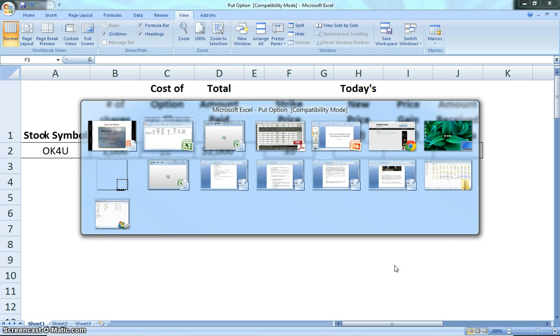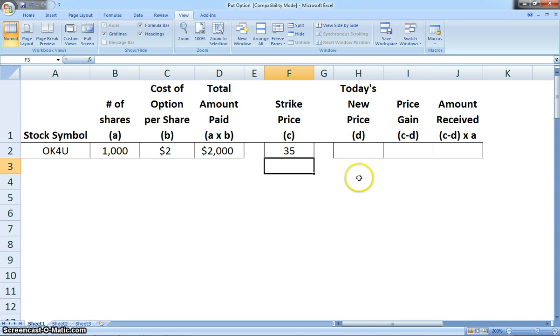So going back to our spreadsheet here, today's new price is $0. The price gain is the strike price minus today's new price. Essentially what this means is you can purchase the shares at $0, and because of your put option, it enables you to sell those shares for $35 per share to the buyer.